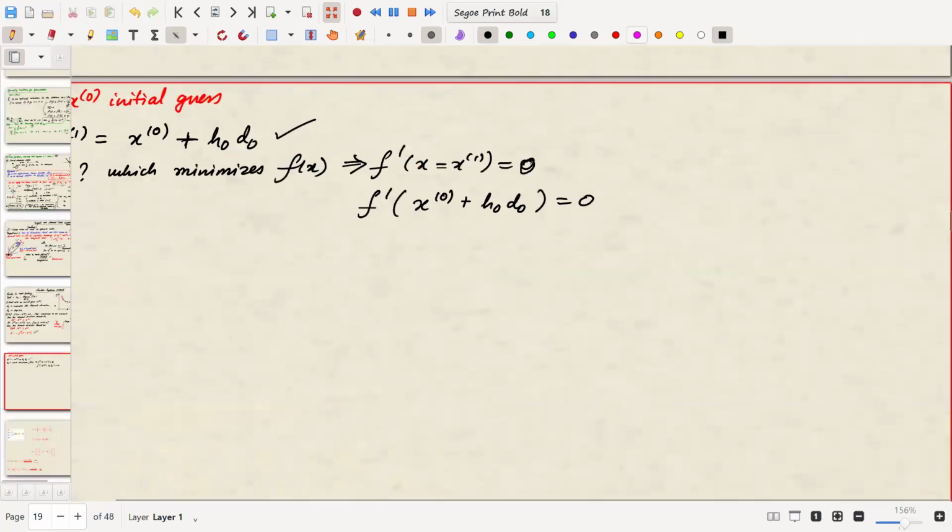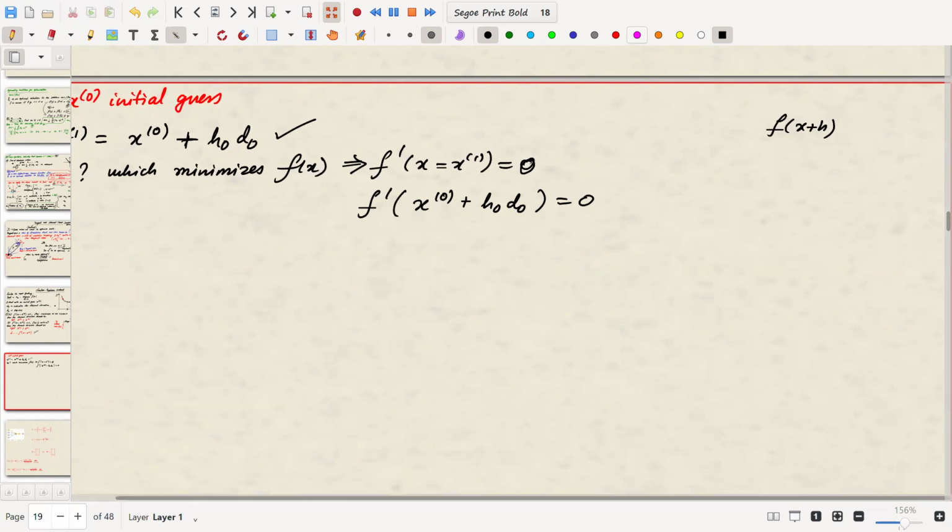What does this tell you? Can you do something here? Can you expand in some way? Does this remind you of f of x plus h? Does this remind you of Taylor series? I hope it reminds you of Taylor series. You can always expand this function in terms of f prime x.